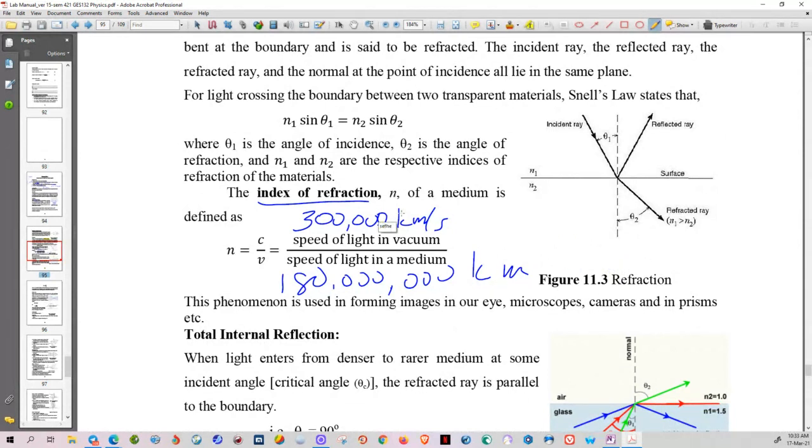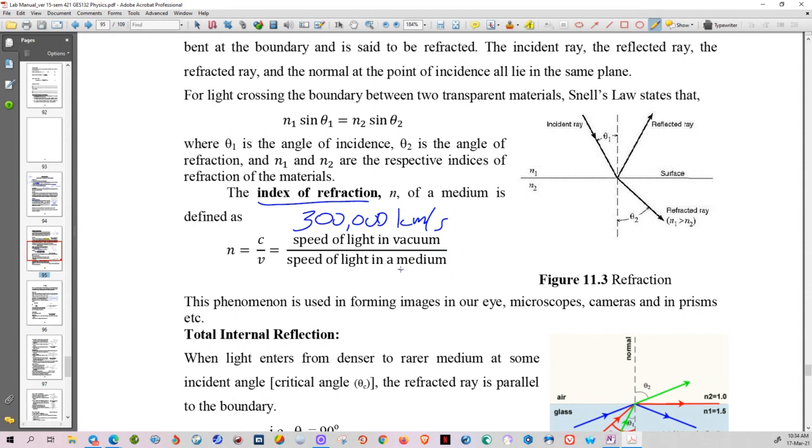So the idea is that in vacuum, because there is no material, it's empty, light will travel at 300,000 kilometers per second. But if you take this light and make it travel in a transparent material like acrylic, glass, or water, any material that's transparent where light can pass through, which is a medium of light, the speed of light will slow down.